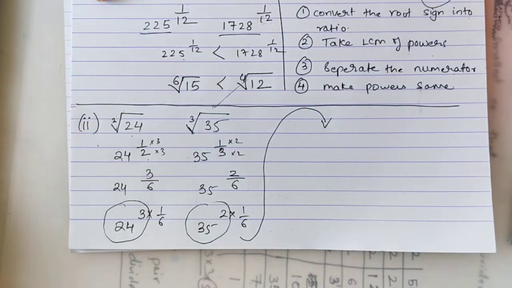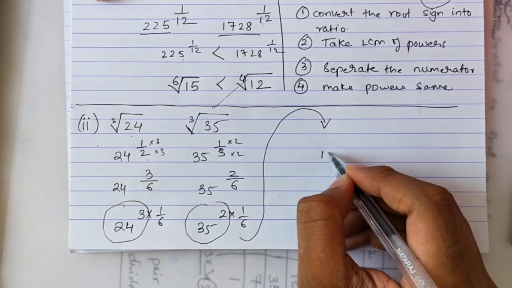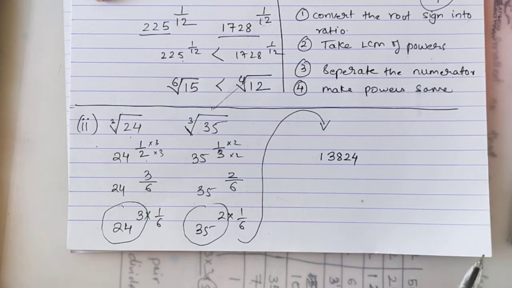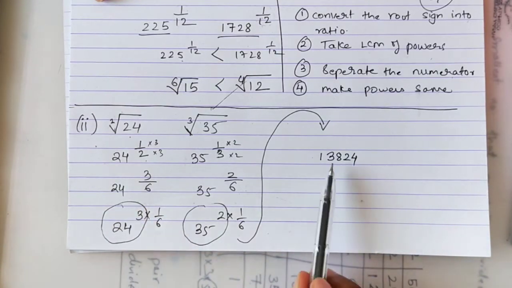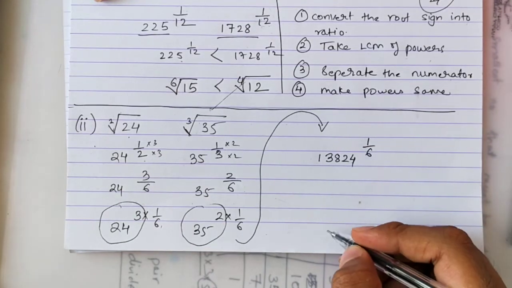Find 24 cube. See, the square of 24 is 576 and the cube of 24 is a very big number, 13824. So this 24 cube is 13824 and the power is 1 upon 6.